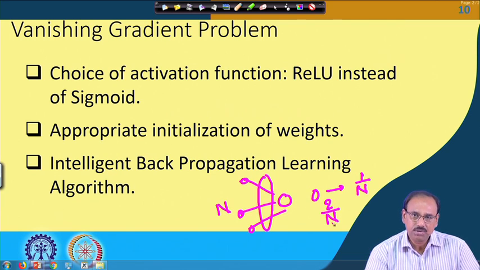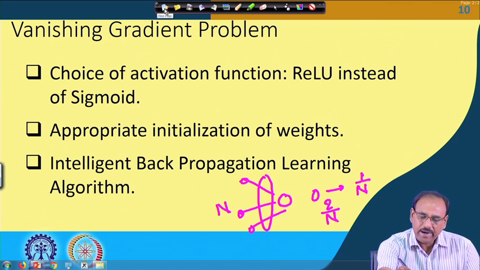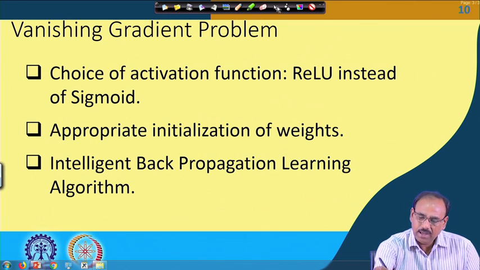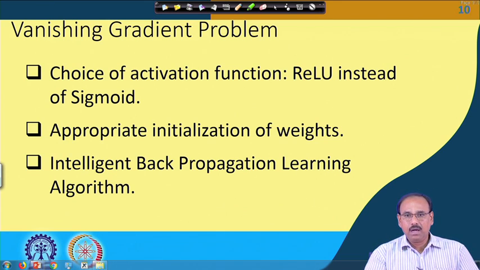Those randomly chosen weights are assigned to the weights from the previous layer to this layer. So, weight initialization is another determining factor which can address the problem of vanishing gradient or exploding gradient.